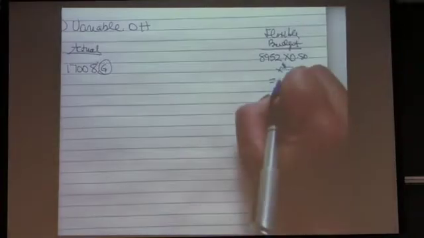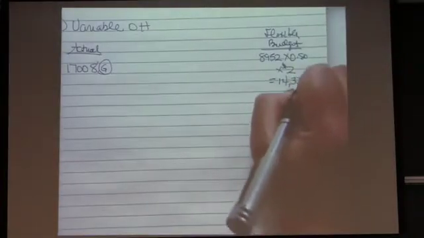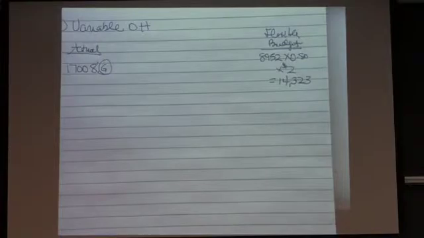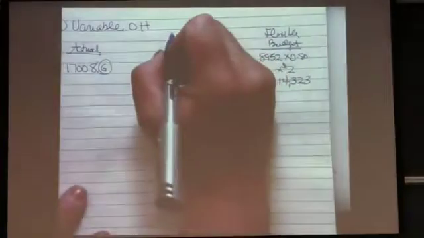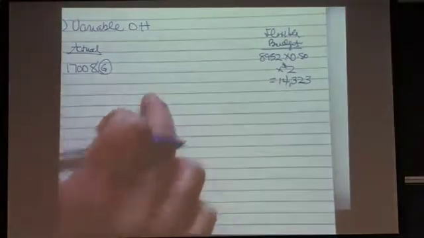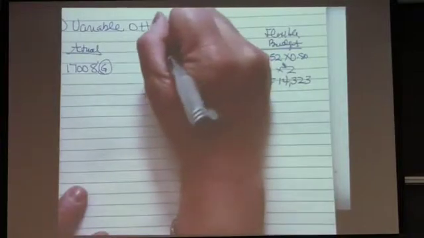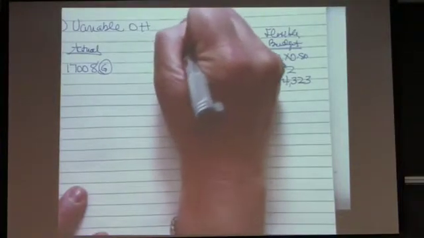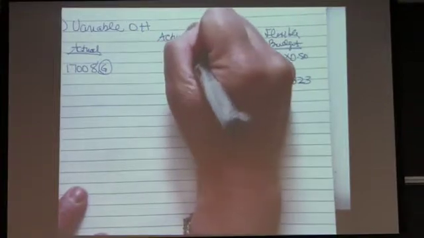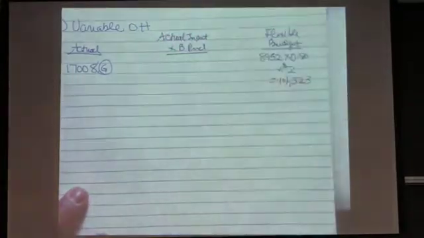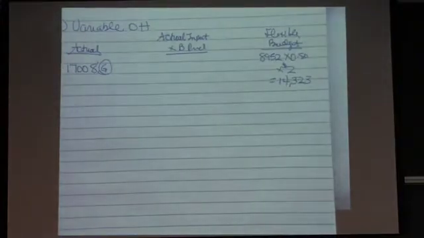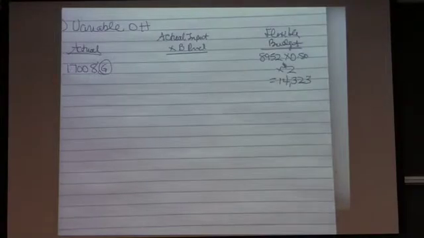That gives me 14,323. Now, to get the spending and efficiency variances, I need to create a third column called actual input times budgeted price. How many hours of delivery time did we actually spend?